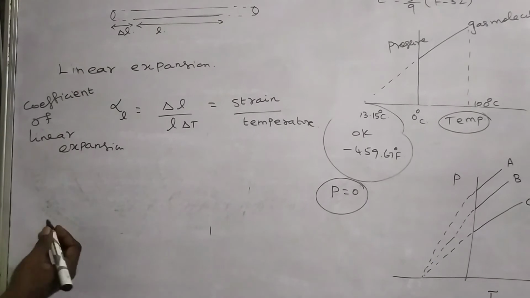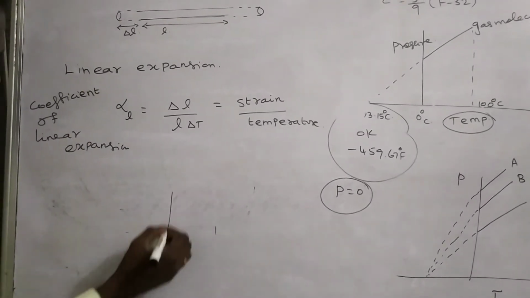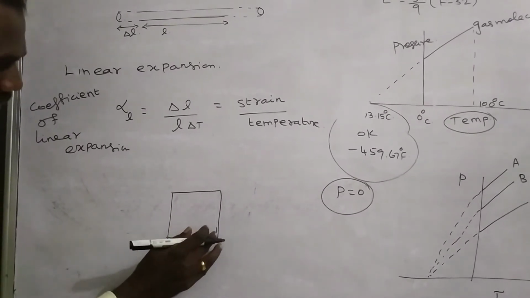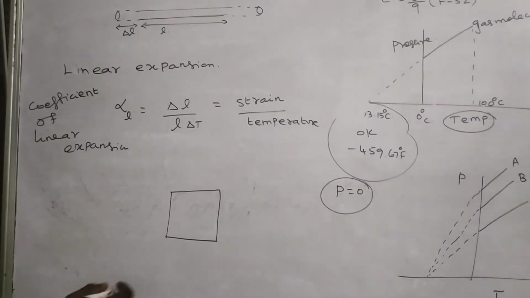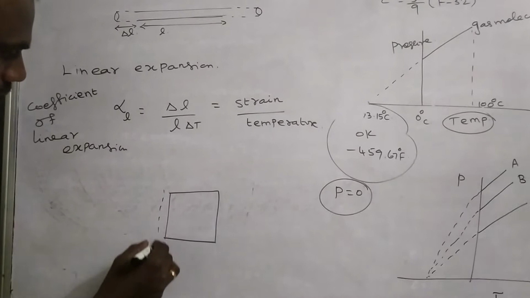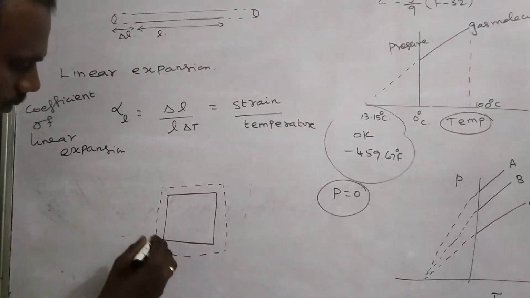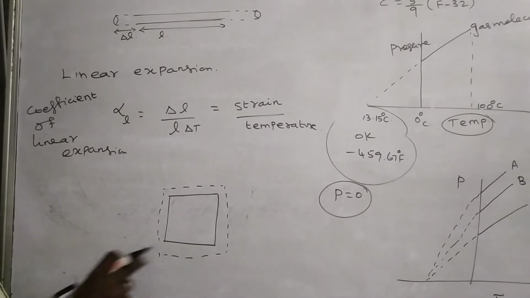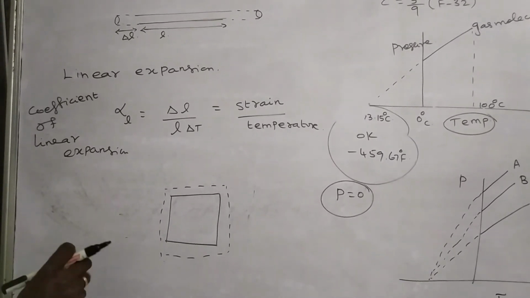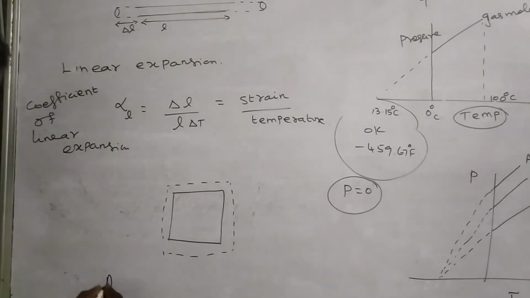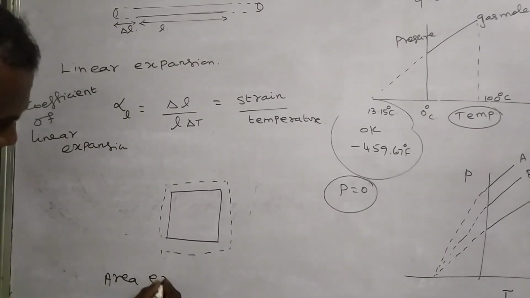Next we take a two-dimensional object. Let us take a square. Now heat the square. What happens? All the sides start to expand. Lengthwise also expanded, breadthwise also expanded. So this is represented as area expansion.